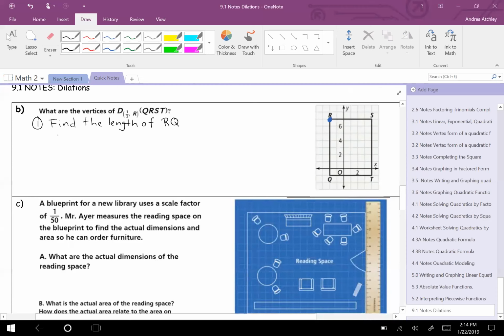Okay, so when I look and see, RQ is 1, 2, 3, 4, 5, 6, 7, 8. So RQ equals 8. Now we're going to multiply RQ by 1/2.